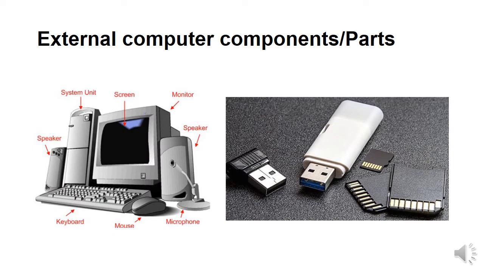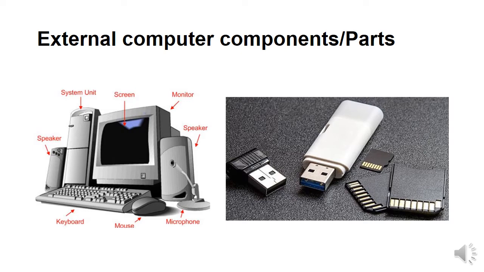So here we have some peripheral devices, or some computer parts, which are connected to the computer system through various types of ports available on a computer. This is a computer case, or just a system unit, which is really a computer.